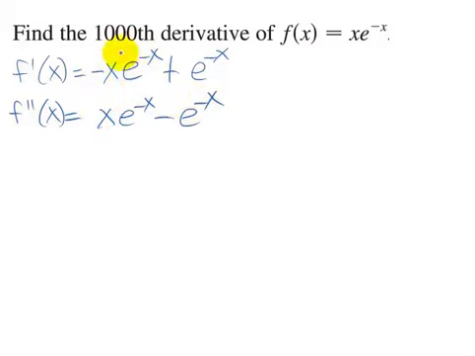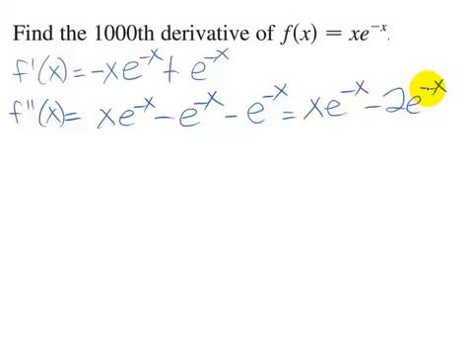But that was just the derivative of this piece, which was the same as the derivative of this piece, but opposite signs. We now have multiplied by the derivative of e to the negative x, which is e to the negative x times the derivative of the negative x. So that could be expressed as x e to the negative x minus 2e to the negative x.